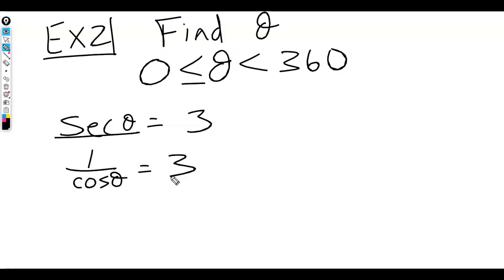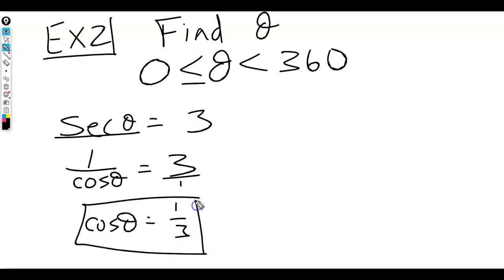If I flip 1 over cosine over, I get cosine theta. But I also have to flip 3 over. So think of that as 3 over 1. If I flip that over, it becomes 1/3. And so now, guess what? We just have another cosine problem to solve. So secant is really just a cosine problem in disguise. Okay, let's go ahead and solve this now.